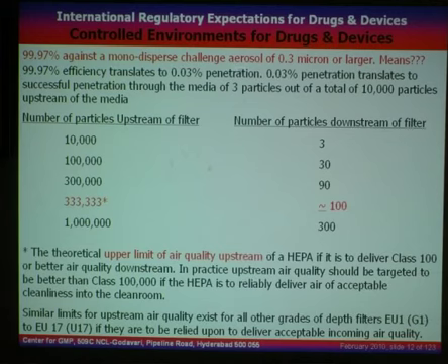In other words, if upstream you limit the contaminant density to less than 1 lakh, in other words, 30 particles of 0.5 microns or larger per cubic foot. And that's what you should aspire for.